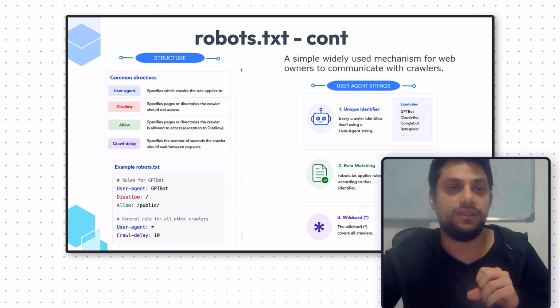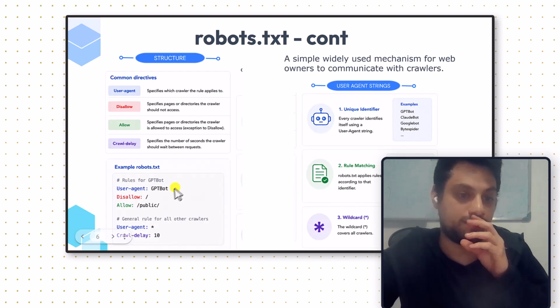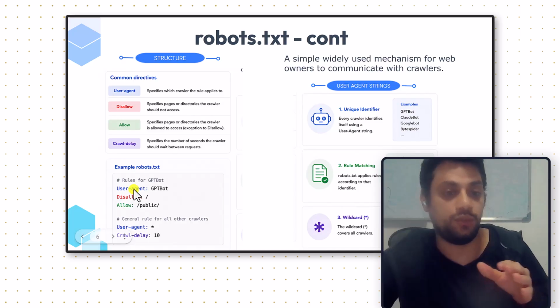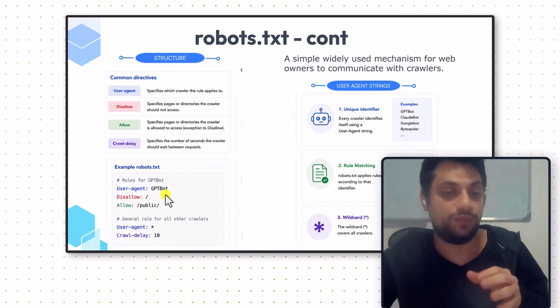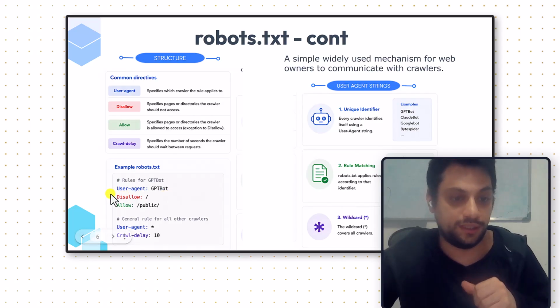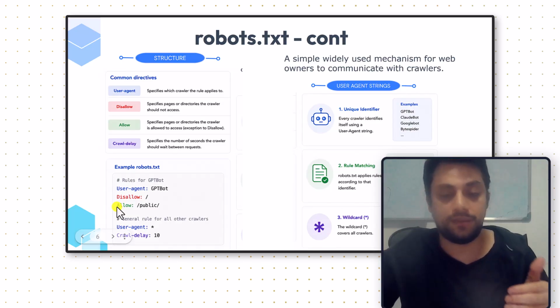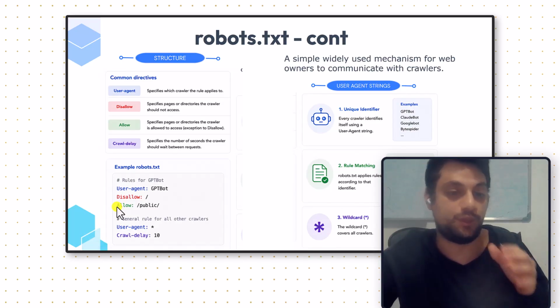Okay, so at the bottom we can see the Robots.txt example. We can see that in the first rule they set the user agent to GPTBot, meaning that this rule is specifically intended for OpenAI's crawler, and based on the directives under it, it is allowed to access only content under the public subdirectory.